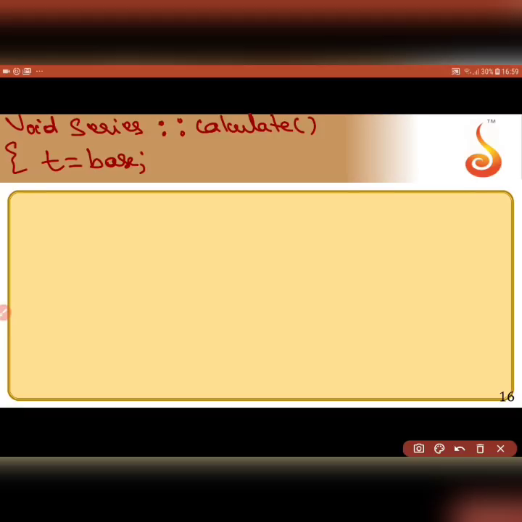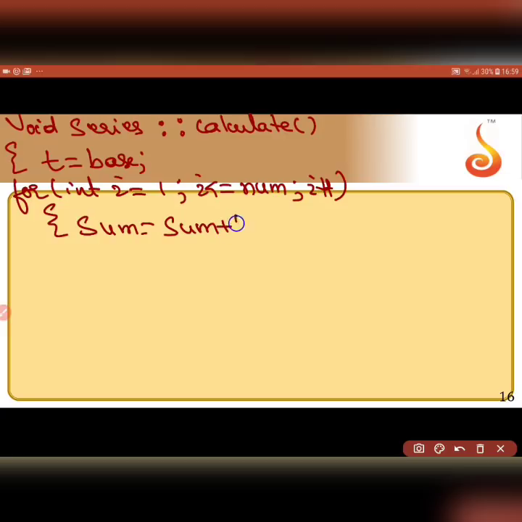Fine. And then I will say for int i is equal to 1, i less than or equal to num, i plus plus, sum is equal to sum plus t. Then t is equal to t star base. Close it and close it. Fine. This is my calculate function.